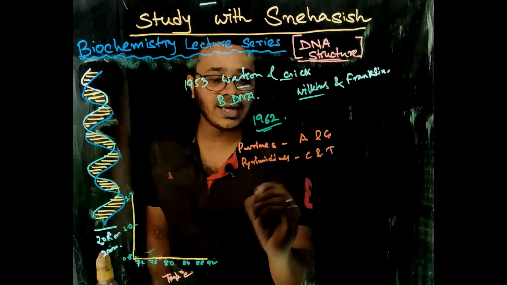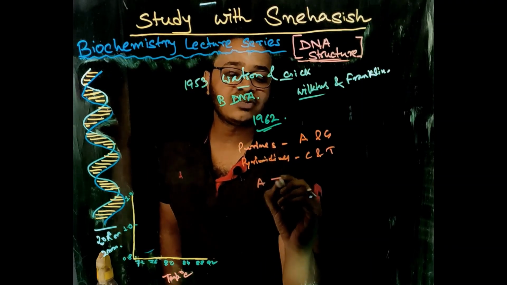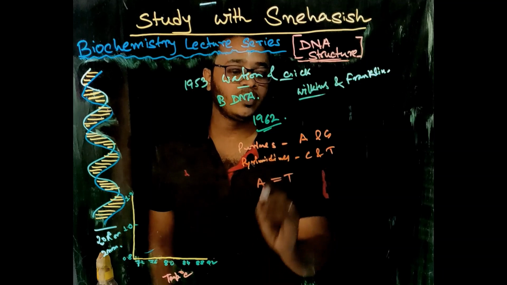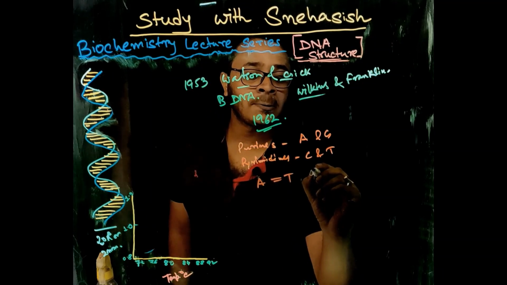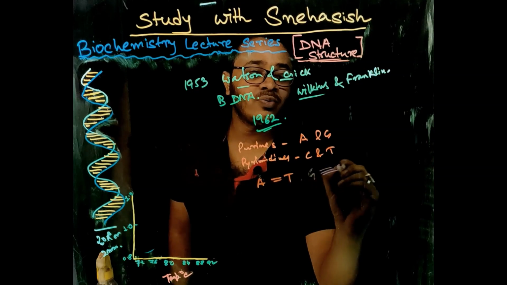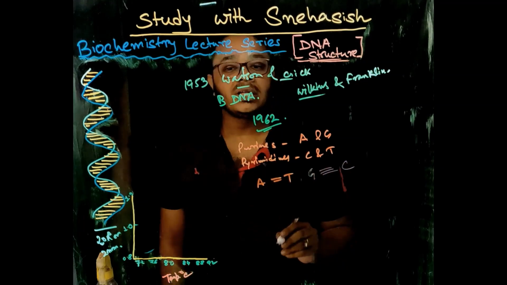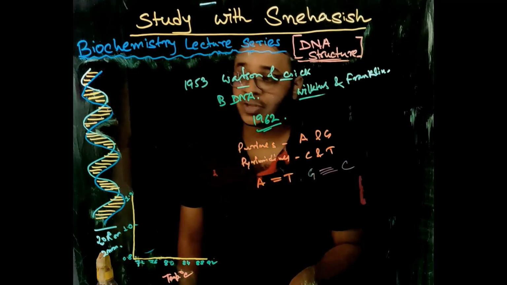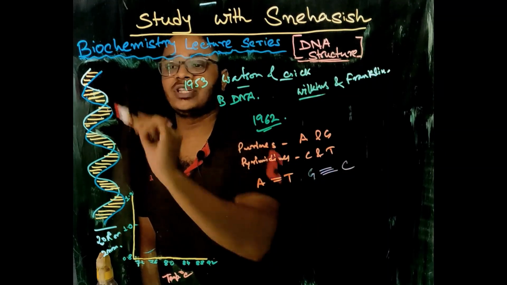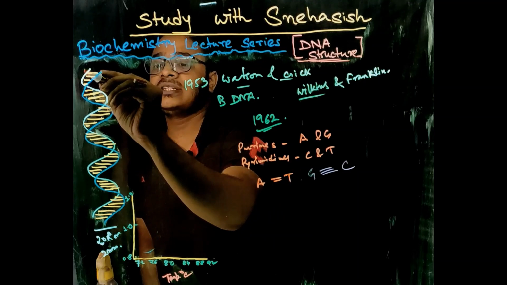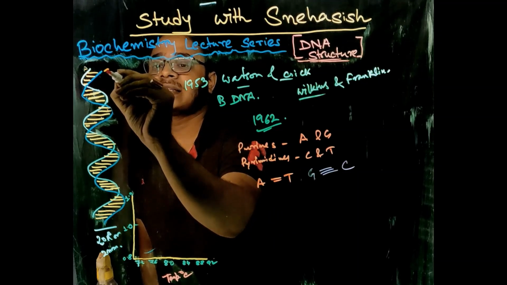We know that adenine base pairs with thymine with the help of 2 hydrogen bonds, whereas guanine base pairs with cytosine with the help of 3 hydrogen bonds. Here we can see in orange are the hydrogen bonds. So suppose this is adenine, then this is thymine.